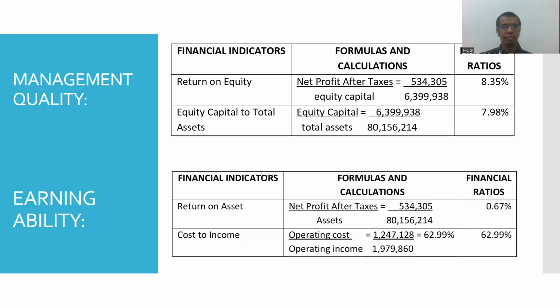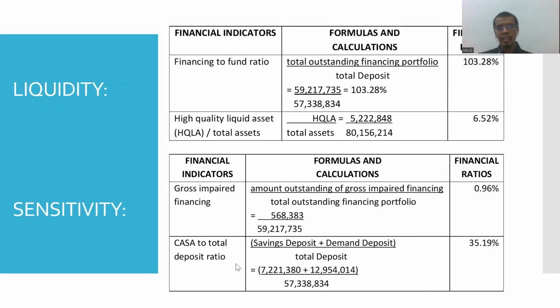Okay, let me show you. Sorry, this one. The CASA to total deposit ratio in Bank Islam Malaysia Berhad is only 35%. So we can indicate that the other 65%, or 2/3 of the deposit, is supplied by term deposits, and we know that term deposits have a higher cost than the CASA, the saving deposit and demand deposit.